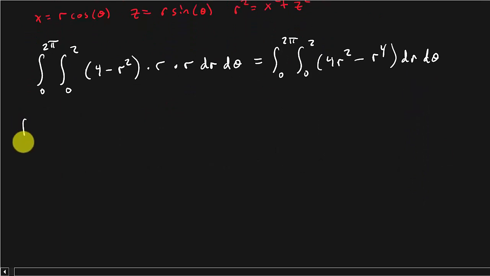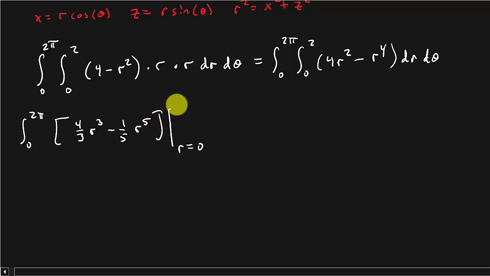And so we've got 0 to 2 pi, and that's going to be what? 4/3 r cubed minus 1/5 r to the 5th, and that's going to be r equals 0 to r equals 2.